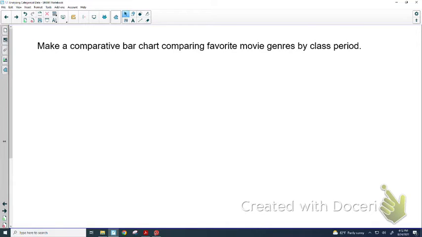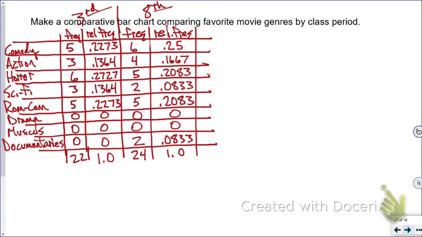In stats, we took our movie data by class period and we made this table. And then we took that data and we made a comparative bar chart as the instructions tell us to right up there. So when we did that, we made our horizontal axis just about identical to what it was yesterday in class. So we still called this favorite movie genre.